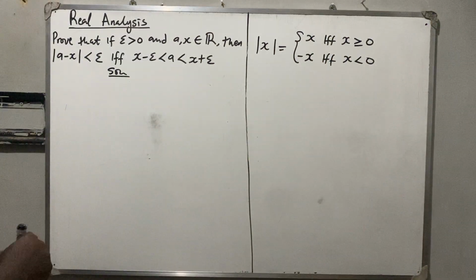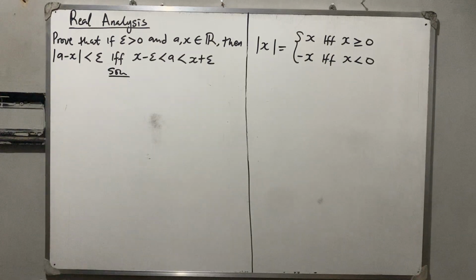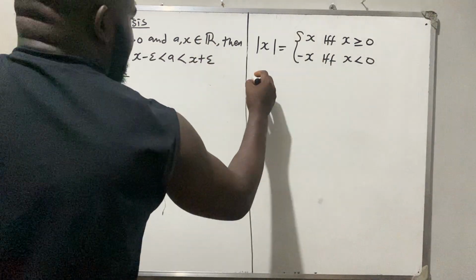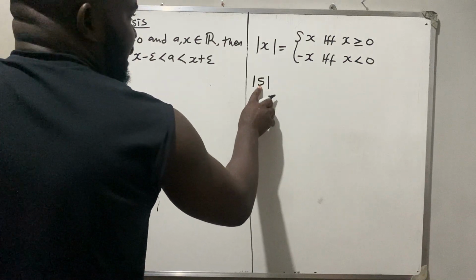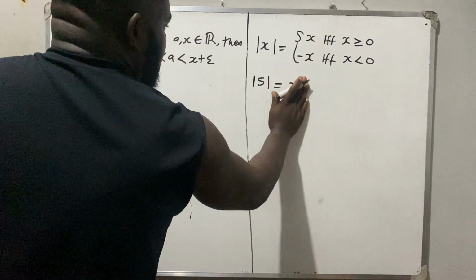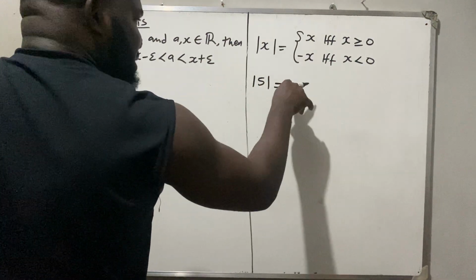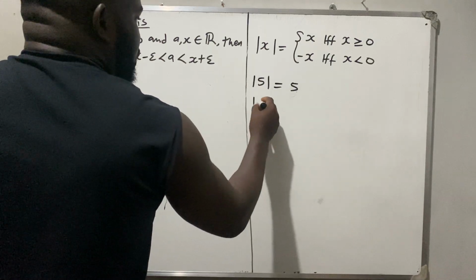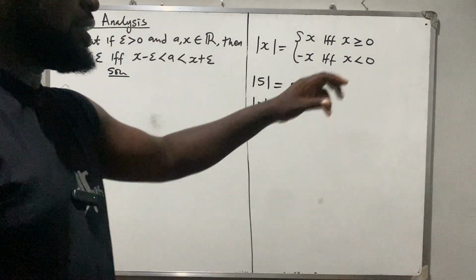So what do we mean by this? This means that absolute value must be positive. Let me give you an example. The absolute value of 5: 5 is greater than 0, so the answer is going to be 5 itself. So the absolute value of a positive number is itself, and the absolute value of 0 is equally itself, 0.